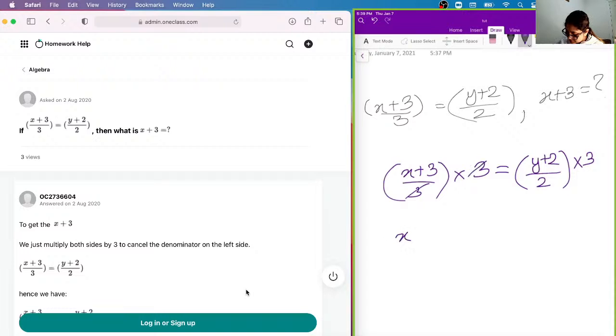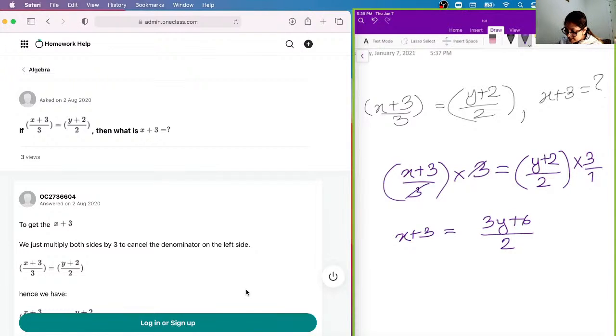So you would have x plus 3 is equal to, so you would multiply 3 out. You would have 3y. So you multiply the 3 within the numerator only, because you have an imaginary 1 in the denominator. So you have 3y plus 6 over 2.